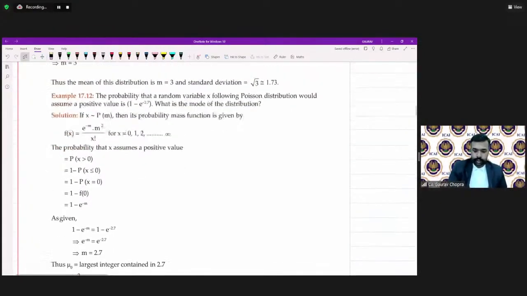I think there is some error here. Let me do this. Yes, so this is the given value here. Now we can compare this. So 1 minus e to the power of minus m.